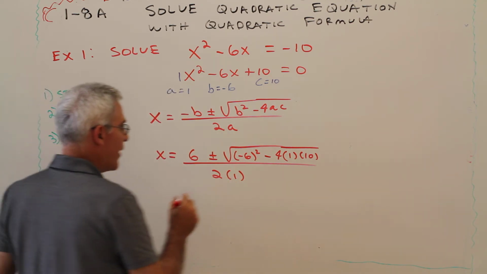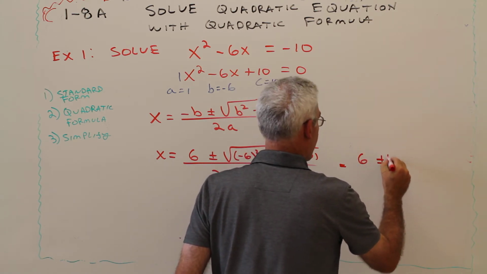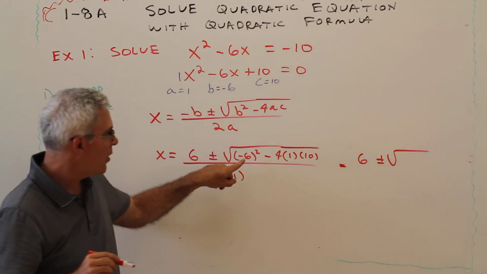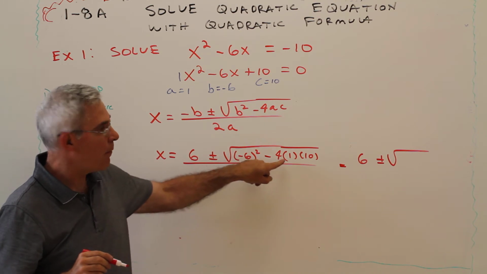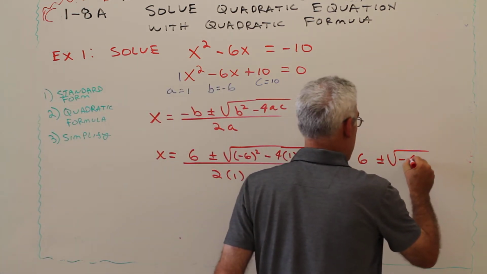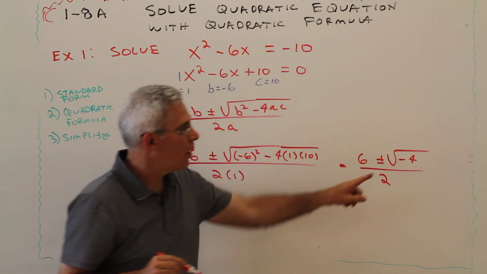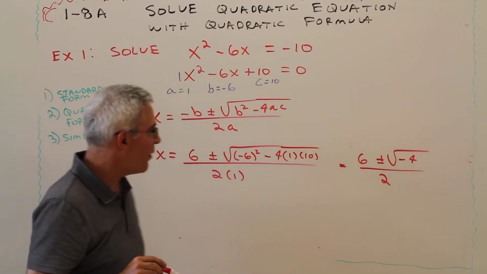Okay, so that's going to be 6 plus or minus the square root of 36 minus 40, so it's going to be negative 4, all over 2. Negative 4, I could simplify.